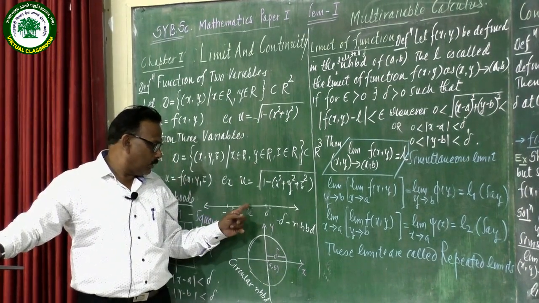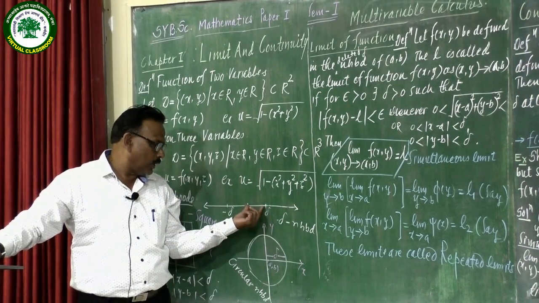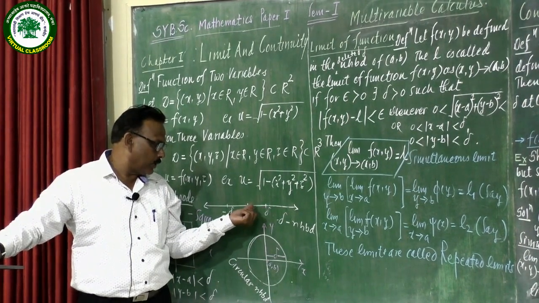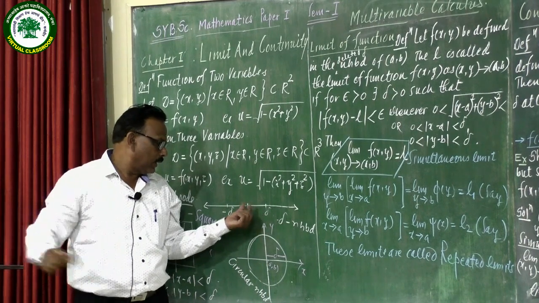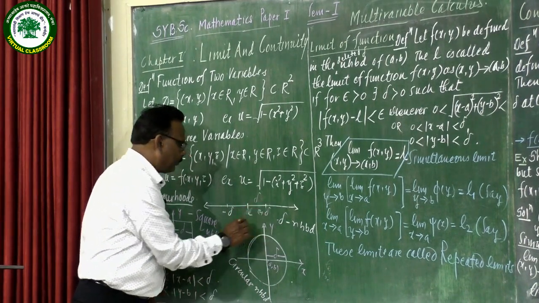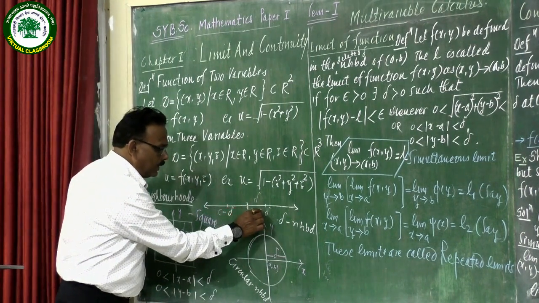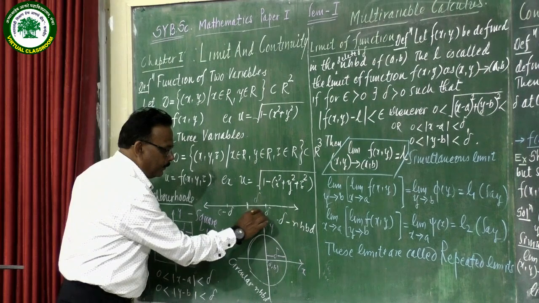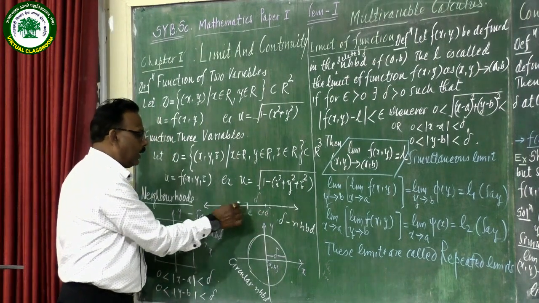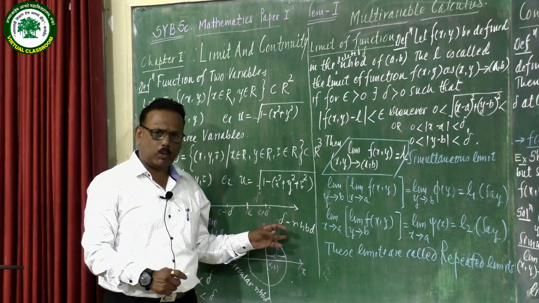That means from C, on right hand side we have to consider this interval, that is distance between C and delta. That means this delta distance. That means it is C plus delta. Here it is C minus delta. That means on right hand side C plus delta will be there. On left hand side C minus delta. That means it is delta neighborhood.